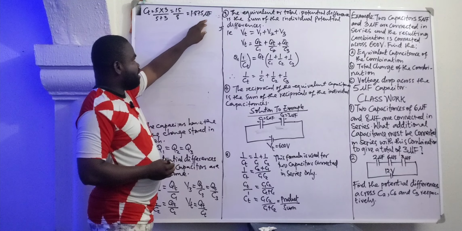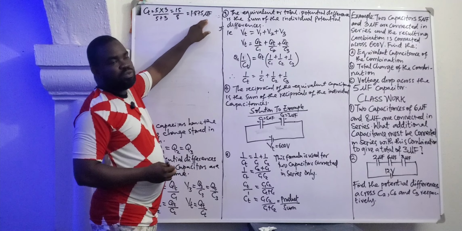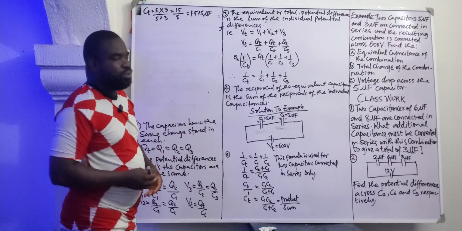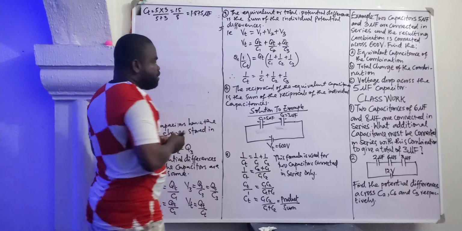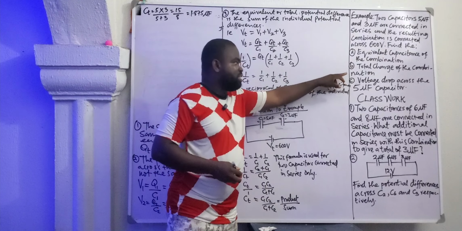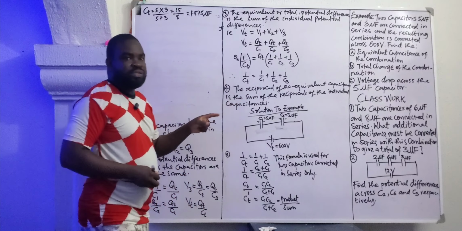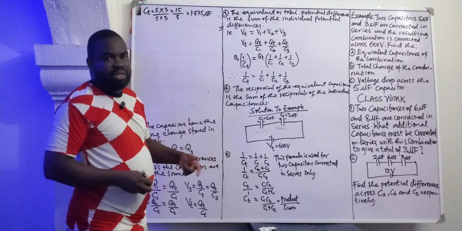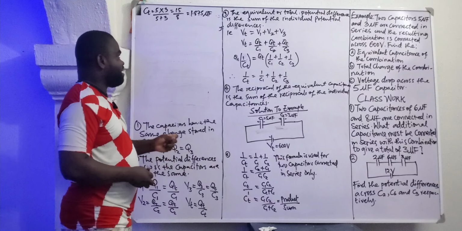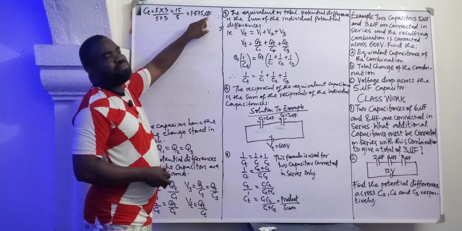Good. But we have said previously that the SI unit of capacitance is farad. Microfarad is just a sub-multiple unit. So for me to use this capacitance to solve for charge or voltage if needed, or to solve for energy stored, that we'll see in a future class, you must remove this micro sign.